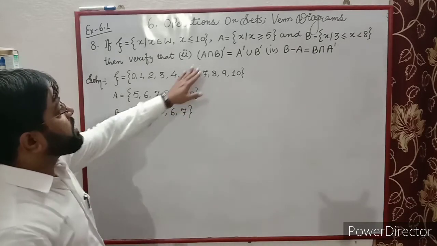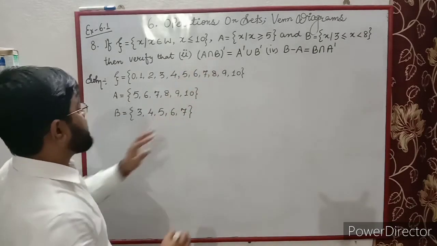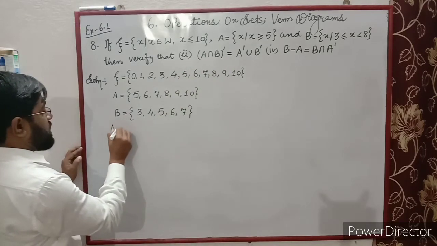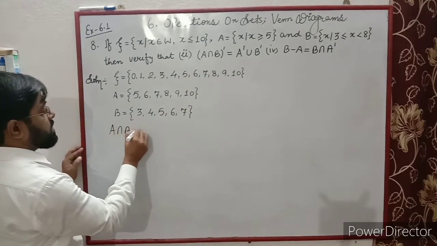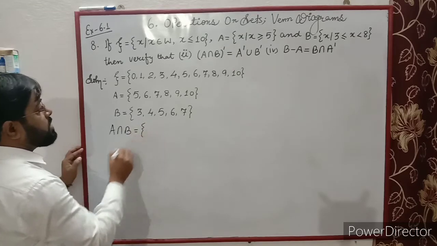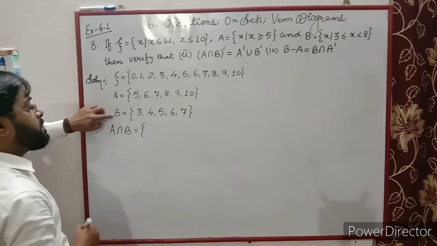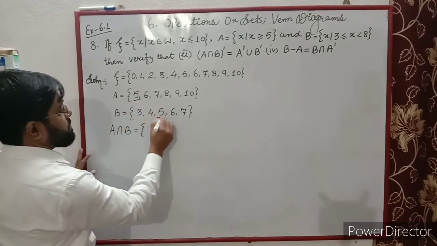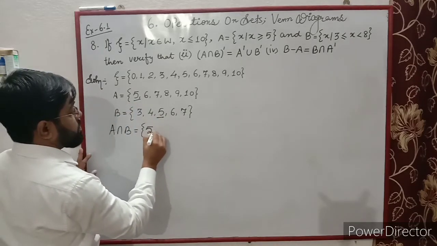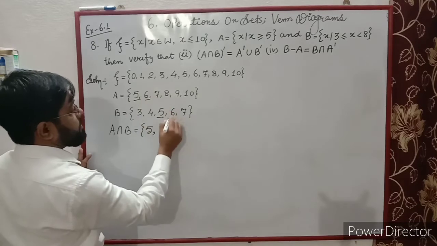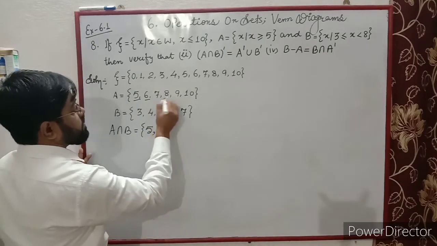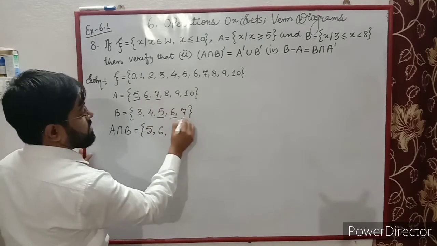Now, first we have to find A intersection B. Write all those elements common to set A and set B. So 5, 6, 7.